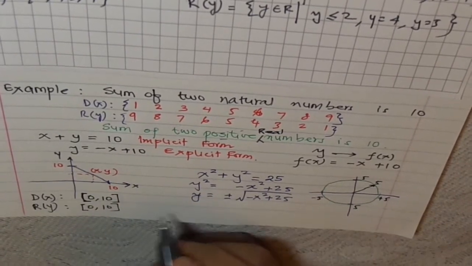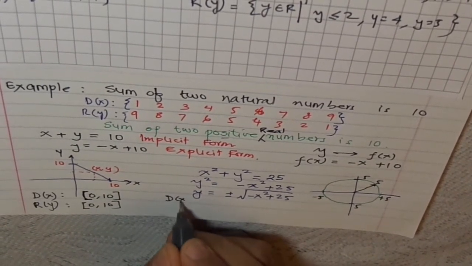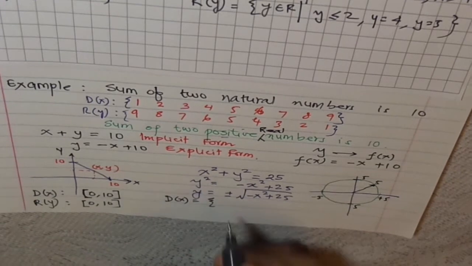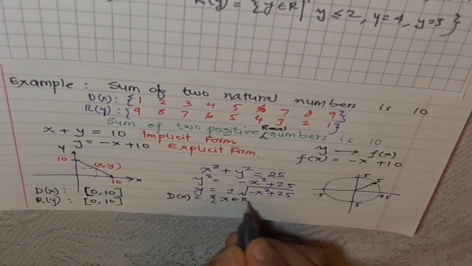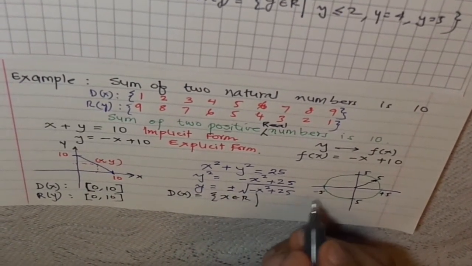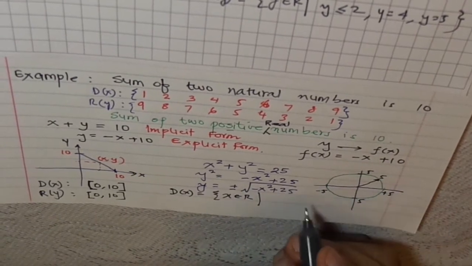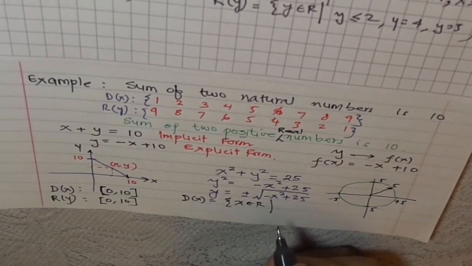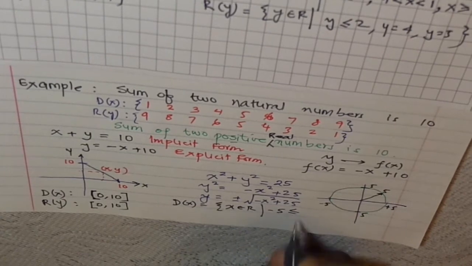Domain is x belongs to real numbers, where x is between minus 5 and plus 5. We could have written in interval notation also. Well, let me write this in set builder form.